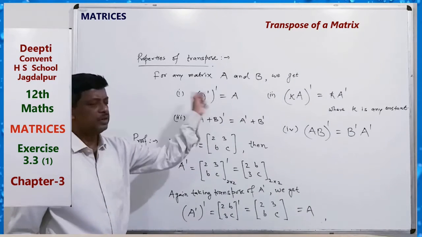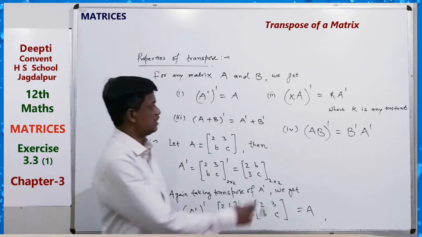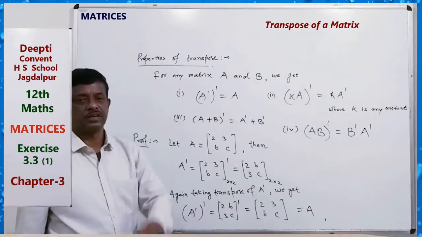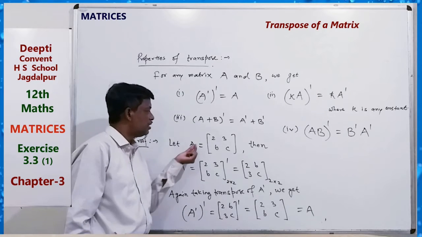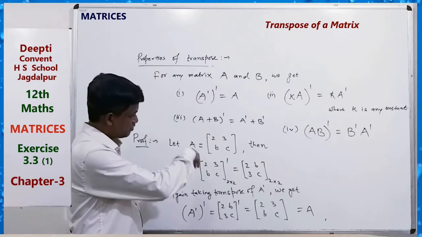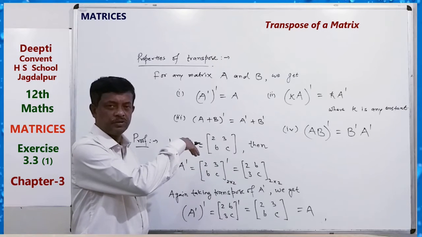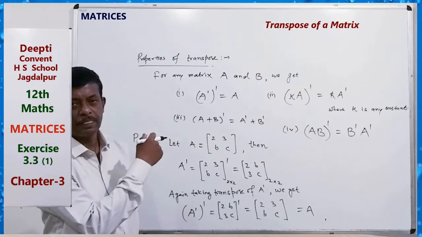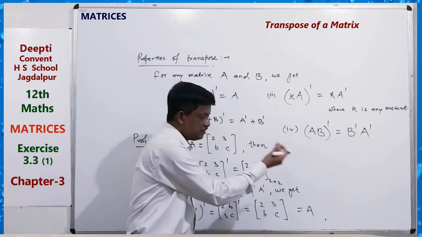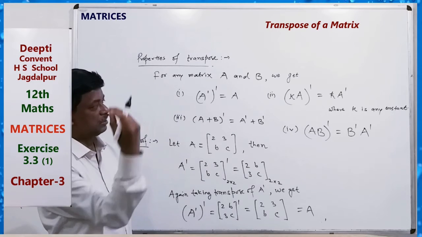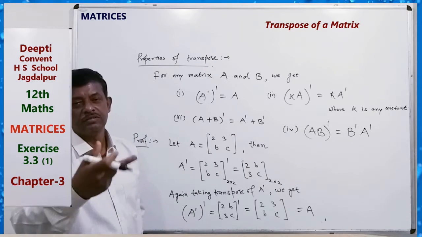Similarly, we can prove every one just like this. Suppose K is a constant, then K is multiplied to each element, then take the transpose, transfer row to column, and you can get a matrix. Then just take the constant outside, and you get the constant times A dash.